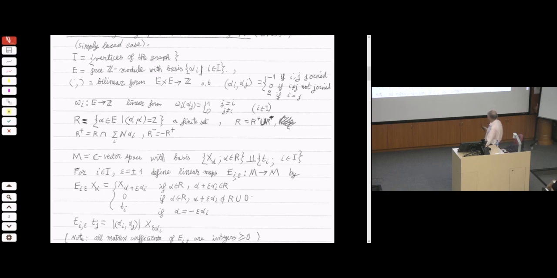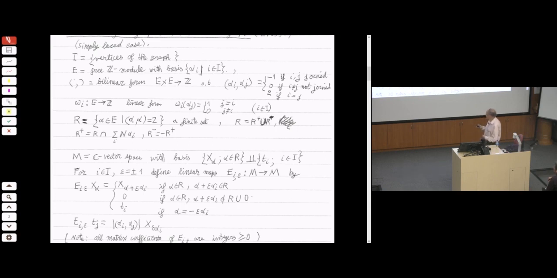According to the conditions here, Ei epsilon applied to Tj is actually a multiple of X epsilon alpha i, and the coefficient is the absolute value of this inner product. So it's always some positive integer.